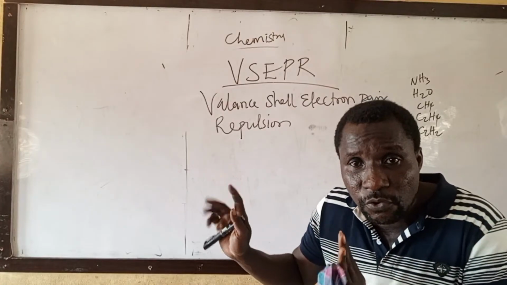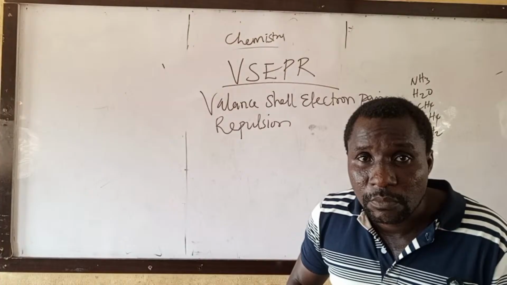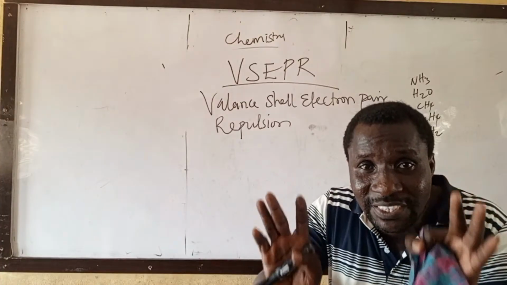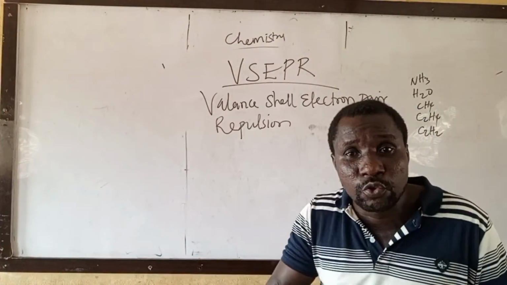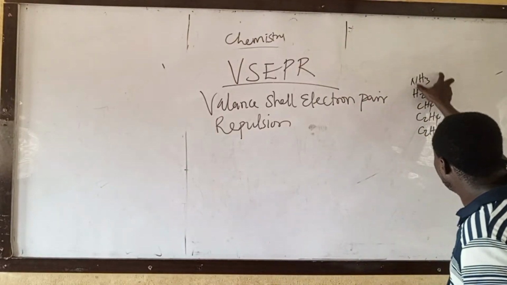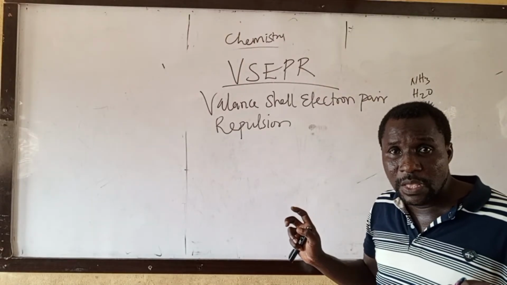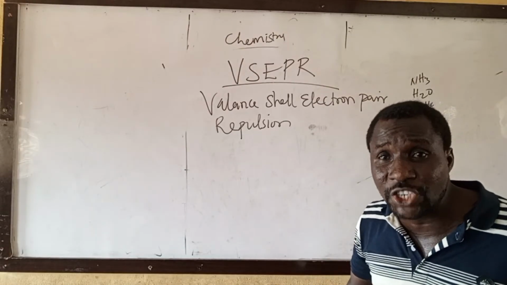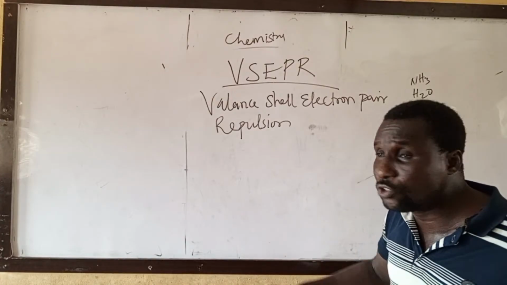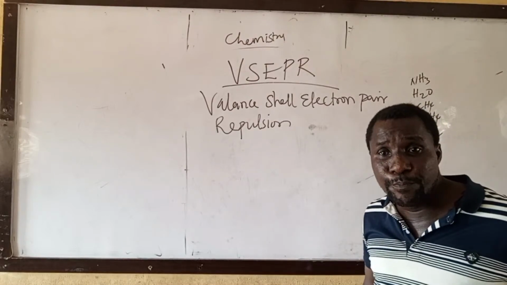But in A level, you have to know geometry shape and molecular shape. In JAM and WAEC, you won't go beyond that. And what do we use to know shape? VSEPR. It predicts.